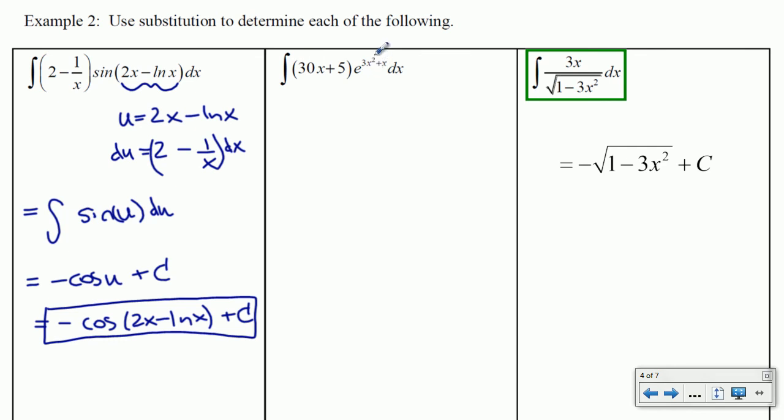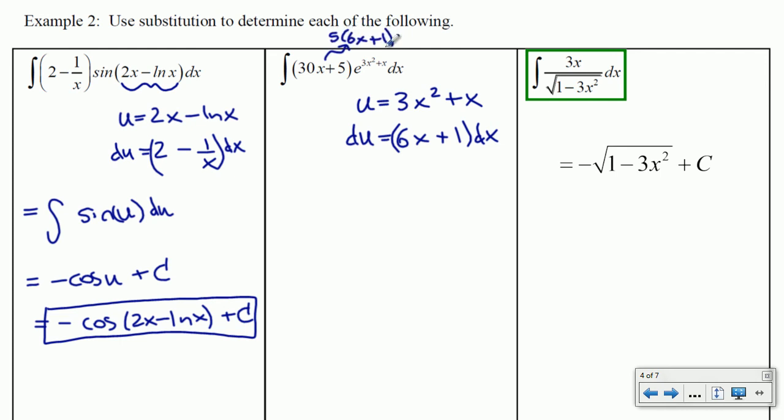So for this one, 3x squared plus x seems like a reasonable choice, because if I do that, du is 6x plus 1 dx. And I don't quite have 6x plus 1 here, but if I factored out a 5, I would have 6x plus 1.